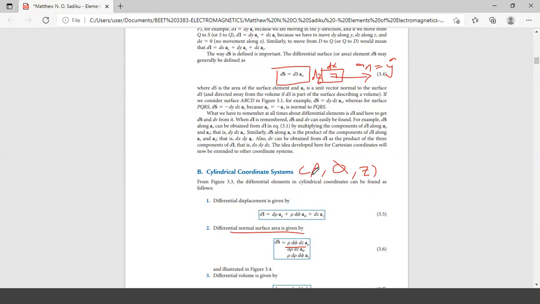We look at the cylindrical coordinate system. The cylindrical coordinate system is rho, phi, and z.